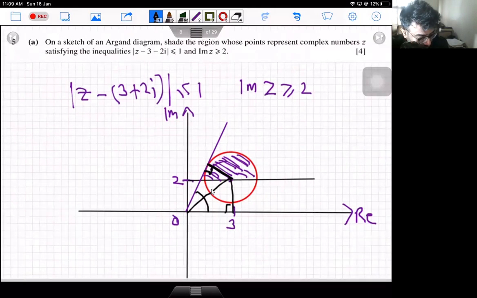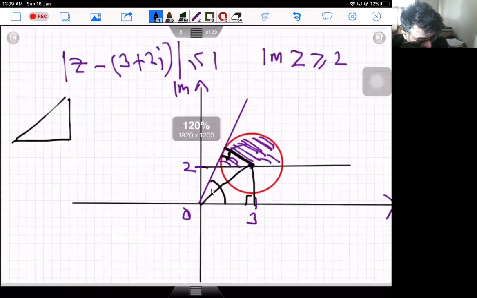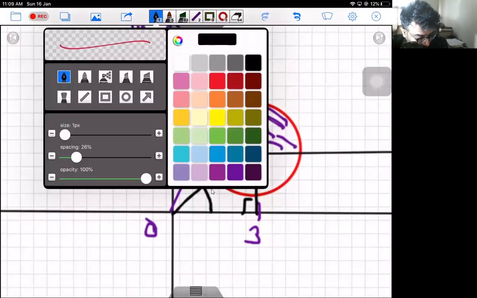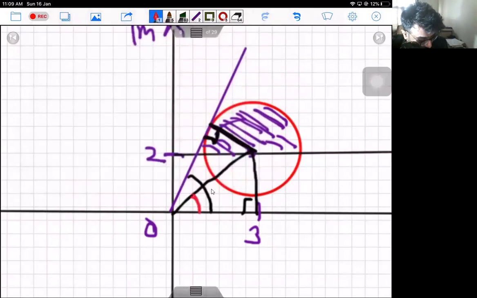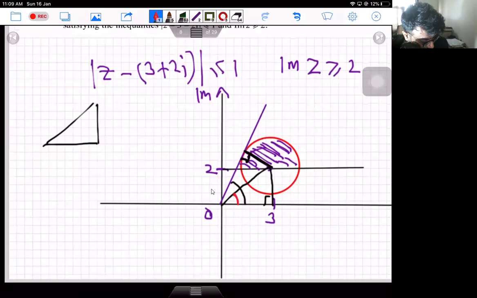First of all, I'm considering this right angle triangle. Let's say this angle which I'm marking as red is theta. Since I know that this coordinate is 3, 2, this vertical line is 2 and this horizontal line is 3.